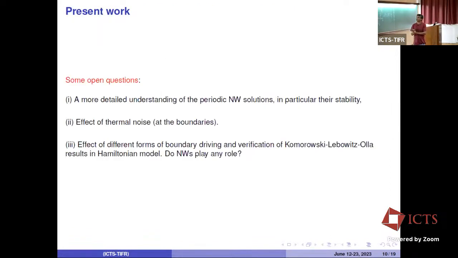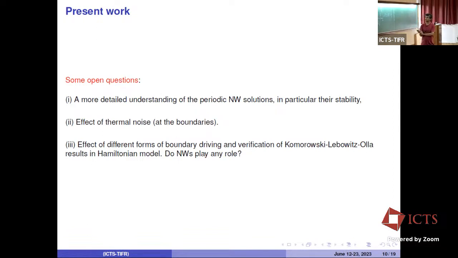Okay, so in the present work, we're right now writing this up, so it's not yet on the archive. The main questions we want to look at are to understand this periodic solution that Prem et al. found in some more detail. In particular, we wanted to look at the stability of this solution.